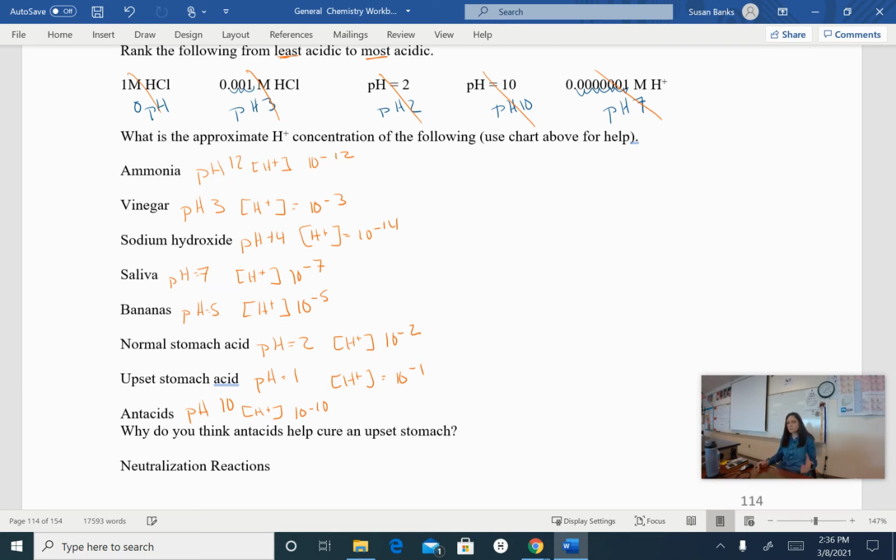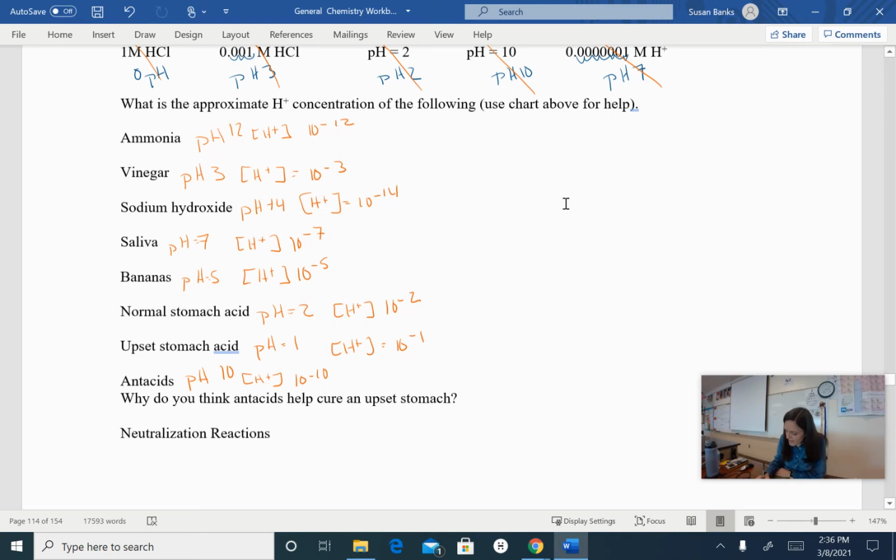What happens when we mix an acid with a base? Think about it. They neutralize each other. So antacids are a base. And an upset stomach is acidic.